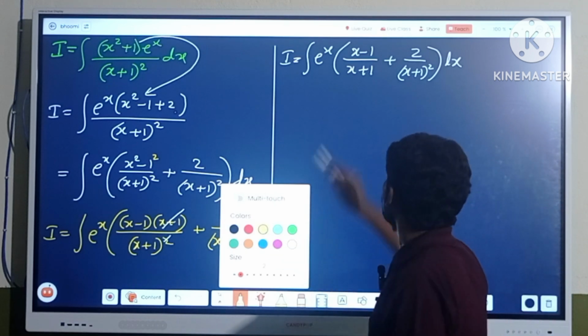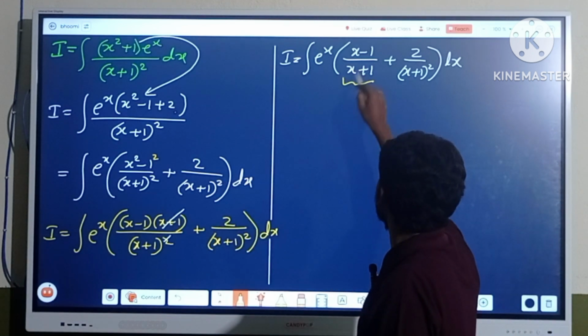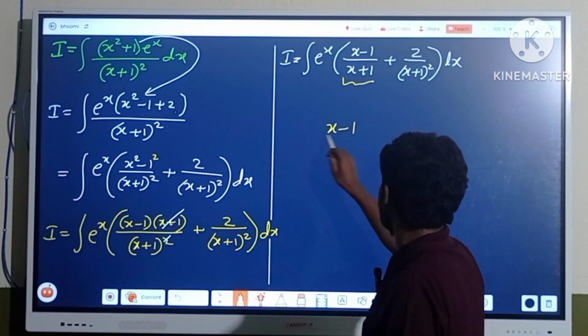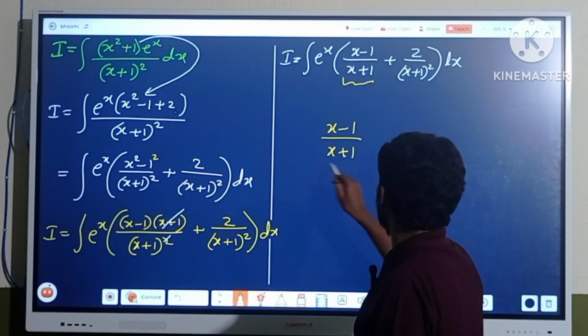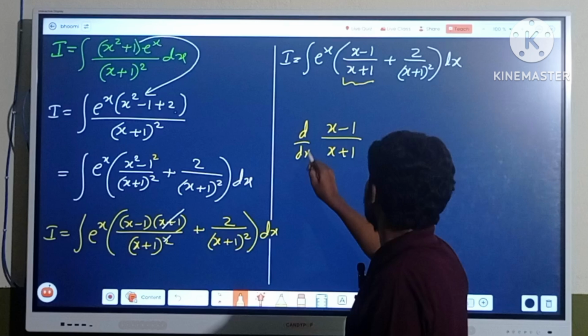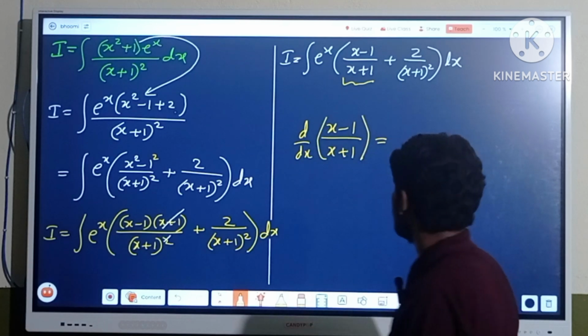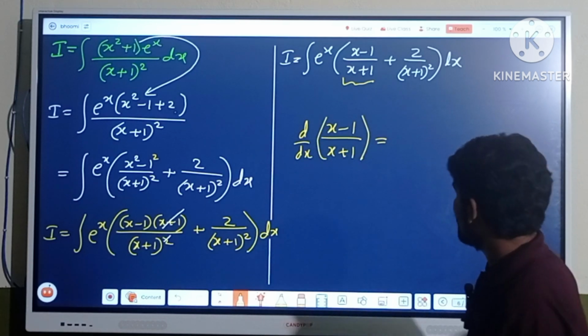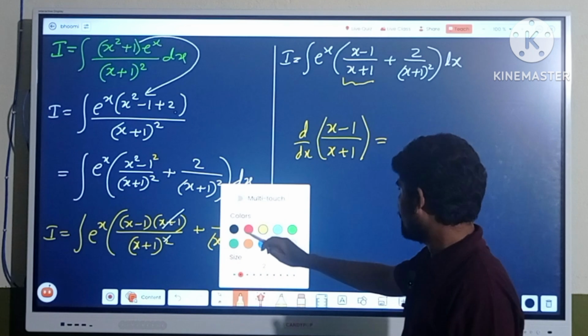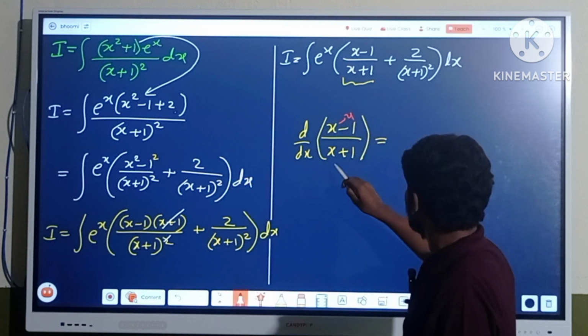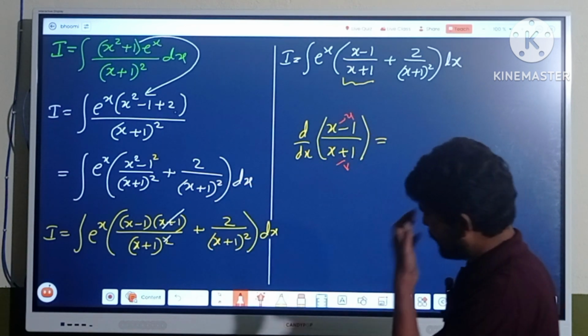So if I find the derivative of this (x minus 1) divided by (x plus 1), by using the quotient rule, where u is x minus 1 and v is x plus 1.